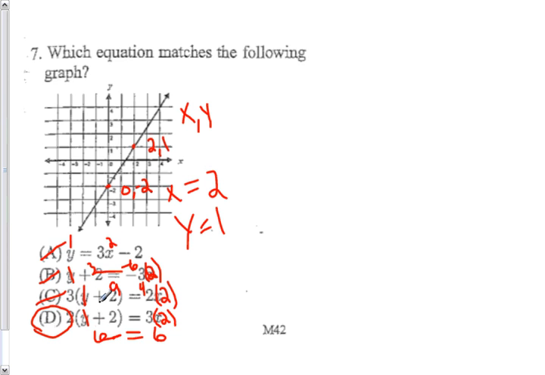So if they're not in slope-intercept form, this is just one that was in slope-intercept form, but if they're not in slope-intercept form, even if they are, you can just use the substitution method and solve and evaluate to see if they're equal to one another or if it gives you the desired answer that you need. So take a little time on these questions.